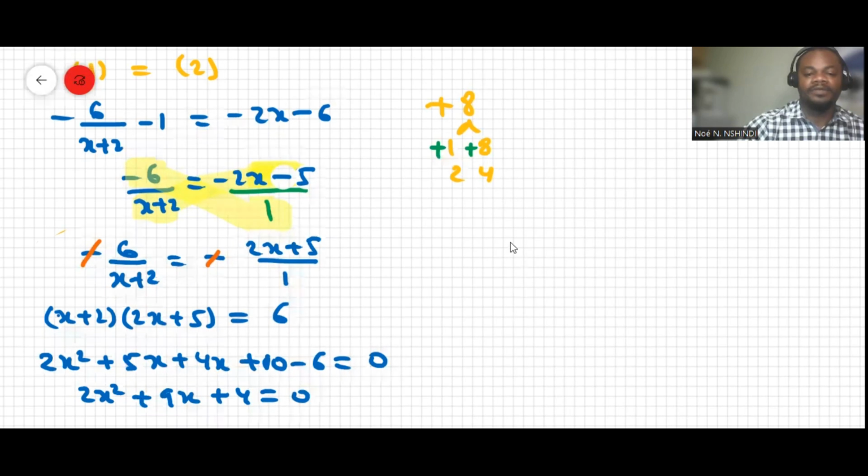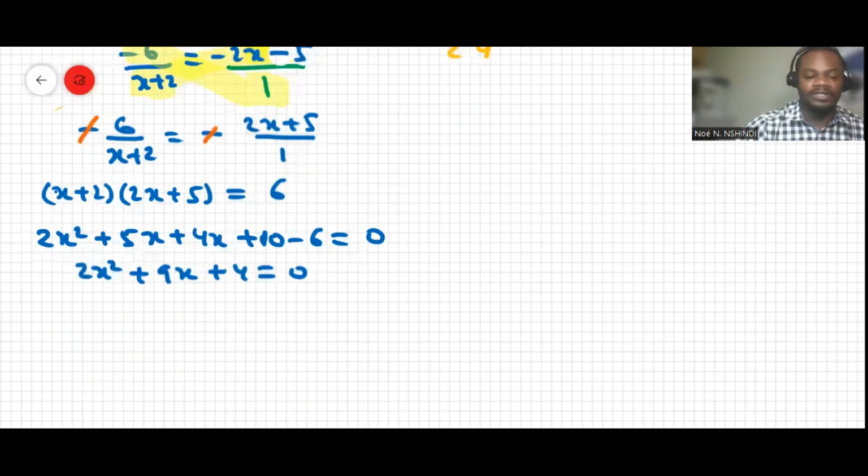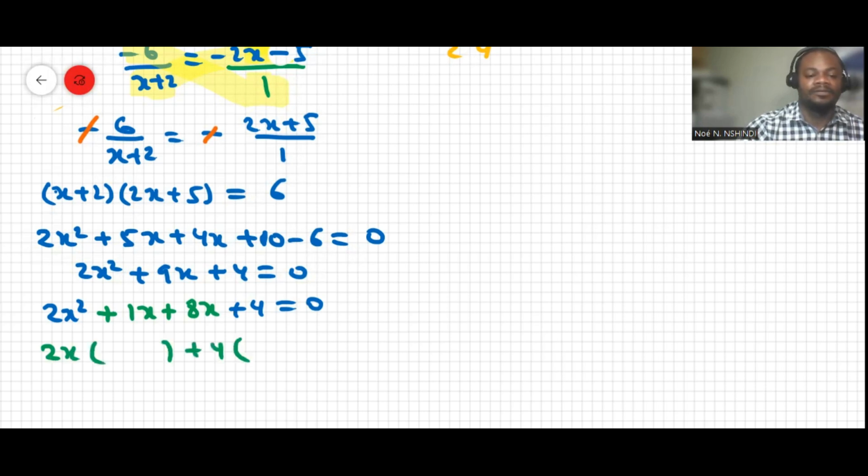Okay, so over here, we can rewrite this as 2x squared. Instead of writing 9x, I'm going to say plus 1x plus 8x plus 4 equals 0. Now we can take out common factors.